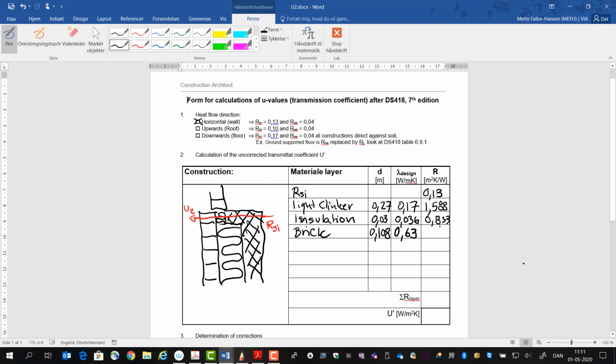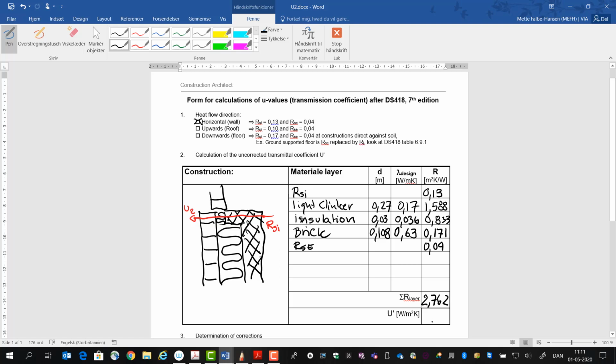The resistance, d divided by lambda, is 0.171. Then we have the surface resistance on the outside, Rse, which is 0.04.